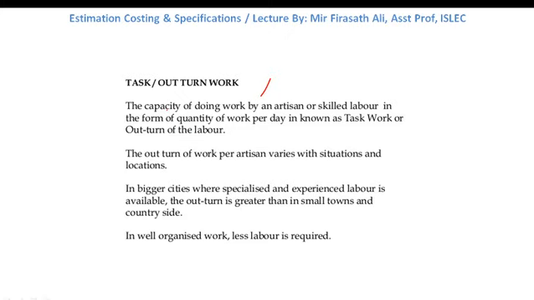The outturn of work per artisan varies with situations and locations. In bigger cities where specialized and experienced labor is available, the outturn is greater than in small towns and the countryside.